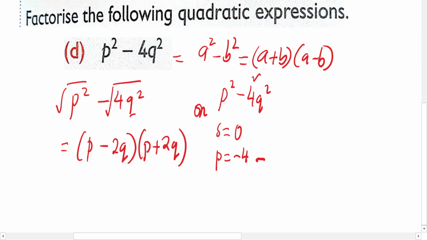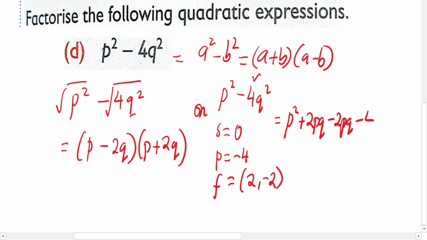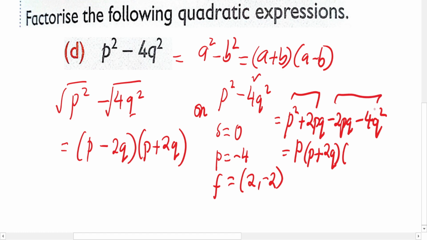So the middle terms are going to be p squared plus 2pq minus 2pq minus 4q squared. Factorize this. The common factor here is p, so it's going to be p plus 2q, and for the other one, the common factor is minus 2q, and you're going to get p plus 2q.